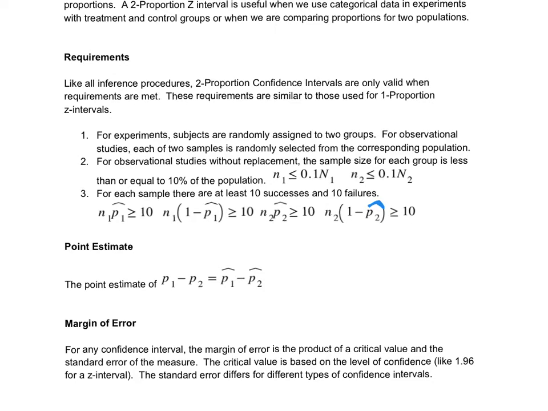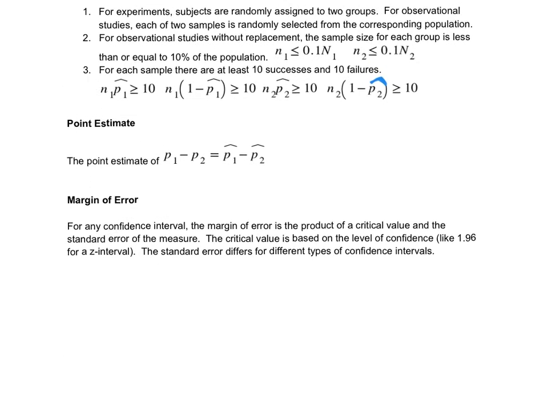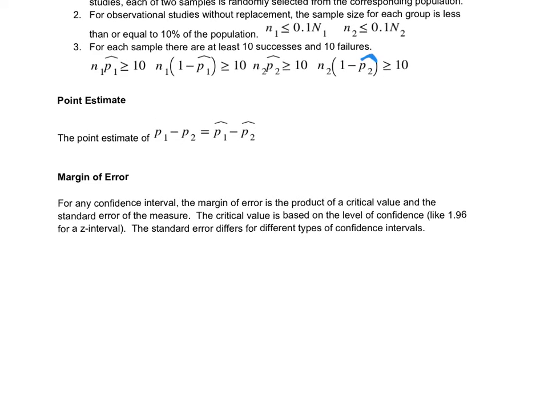Okay. Moving on to the point estimate. A point estimate is your best guess at the truth. And you get your best guess at the truth by taking a sample, or in this case, two samples. And we're estimating the difference between those two samples. So if we had both true population parameters and we subtracted one population from the other, we'd have the truth.